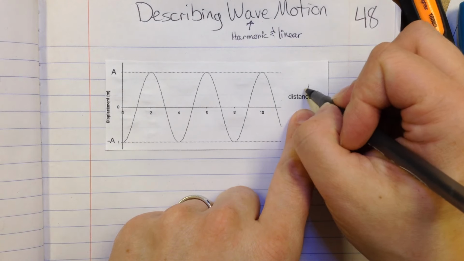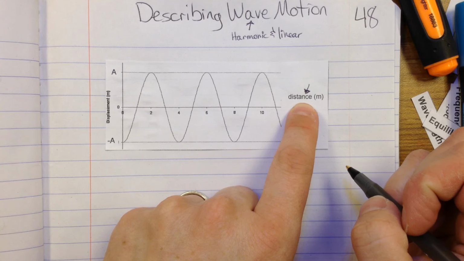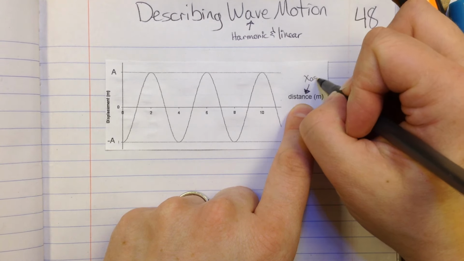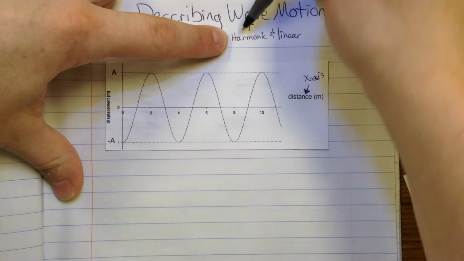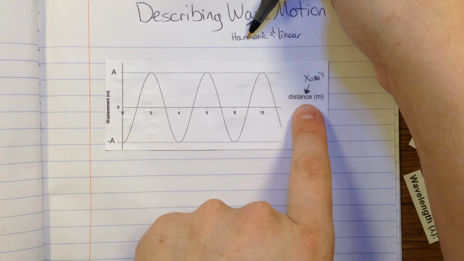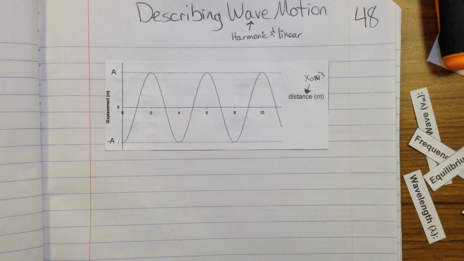The key difference is that the x-axis value is distance. In a harmonic motion graph, that x-axis is time. Other than that, they look pretty much the same.